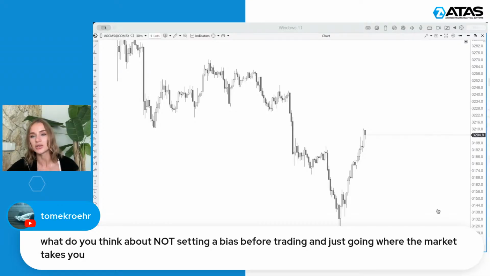You cannot be unbiased when taking a decision, right? I need to determine my bias ahead of time, because otherwise I'm going to be biased at the moment of price movement, which right now can be going up, but in a second it might reverse. And if I don't set a bias, I might not anticipate this reversal, and I'm going to take many more losses. So Tomek, I don't do this.